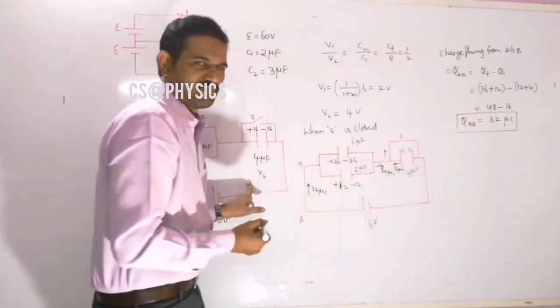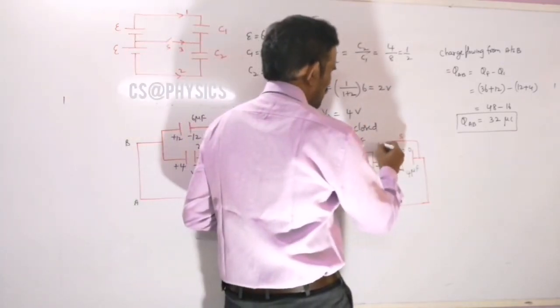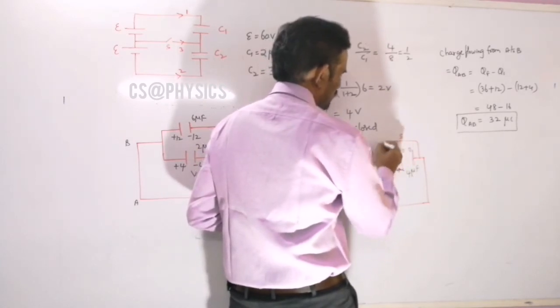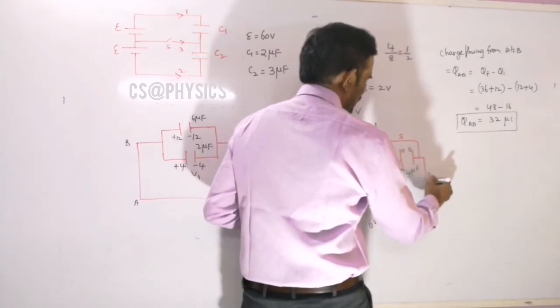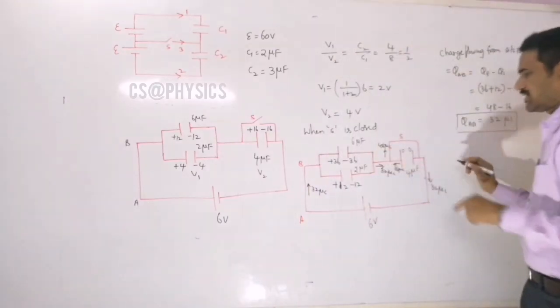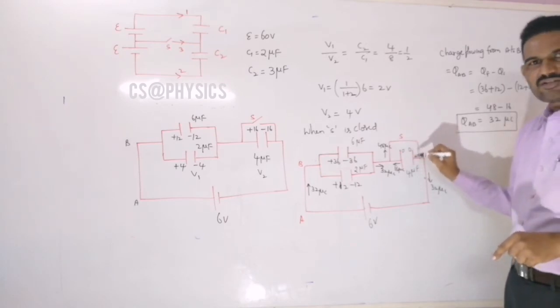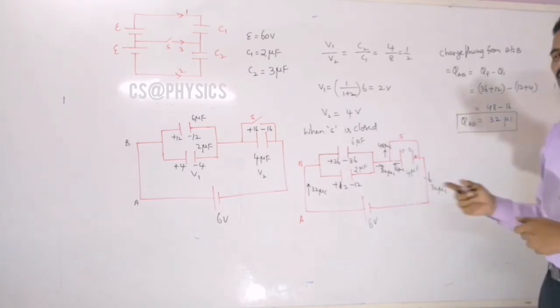So that charge will flow through the switch, and so the total charge on this will be 16 plus 32, means again it is 48 microcoulombs here. 48 microcoulombs will flow through this, and here again it is 32 only. Out of this charge, again 16 will flow in this direction, and so here minus 16 and plus 16 will neutralize on the negative plate here. So again the remaining charge, 32 microcoulombs, will flow here.